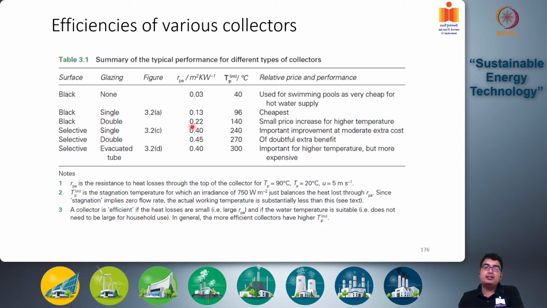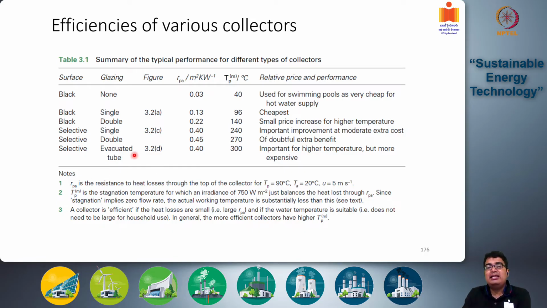See the significant increase now, and your stagnation temperature goes to 240. So now you can think of converting water to steam. This is an important improvement, particularly for industrial applications, at moderate extra cost. The selective coating with double glazing is not very useful because this effect takes into account this point directly.